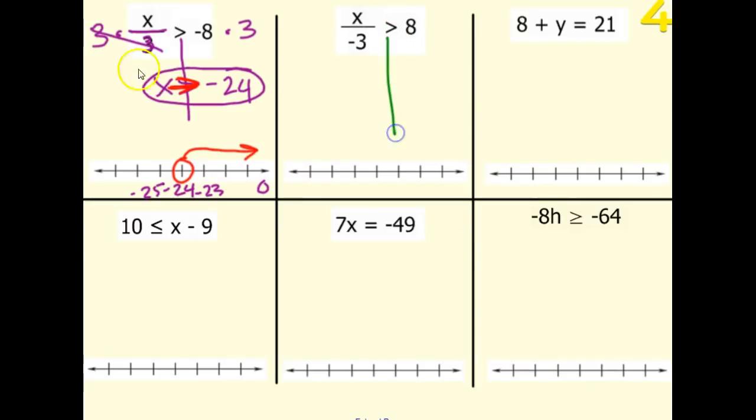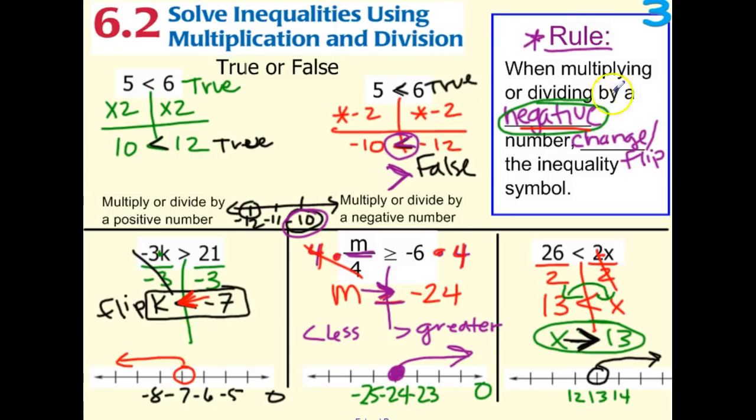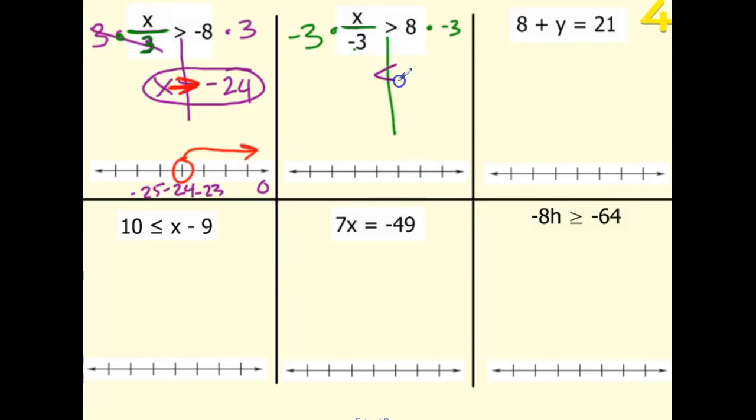This next one is almost identical to this one. This one we divided by 3, and so the opposite was multiplying by 3. Here we have divide by -3, so the opposite of dividing by a negative would be multiplying by a -3. Multiply by -3. So remember our rule, whenever you multiply or divide by a negative, you have to change or flip the symbol. So I'm going to flip this around.